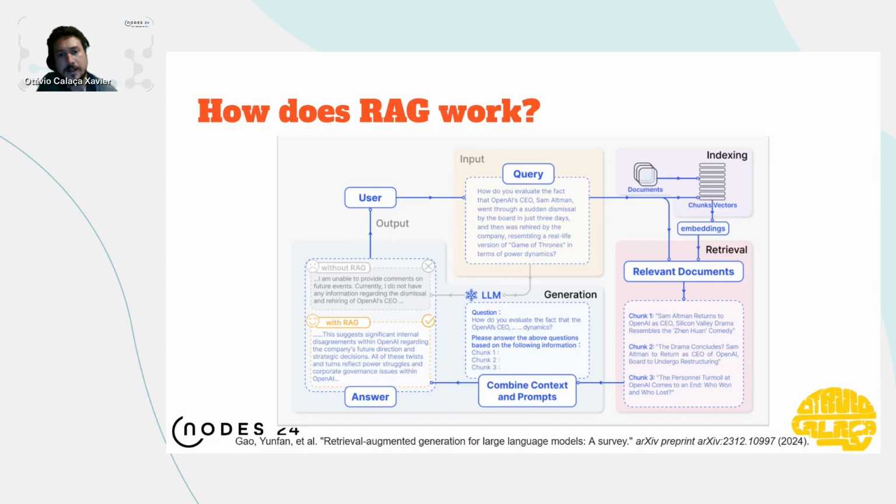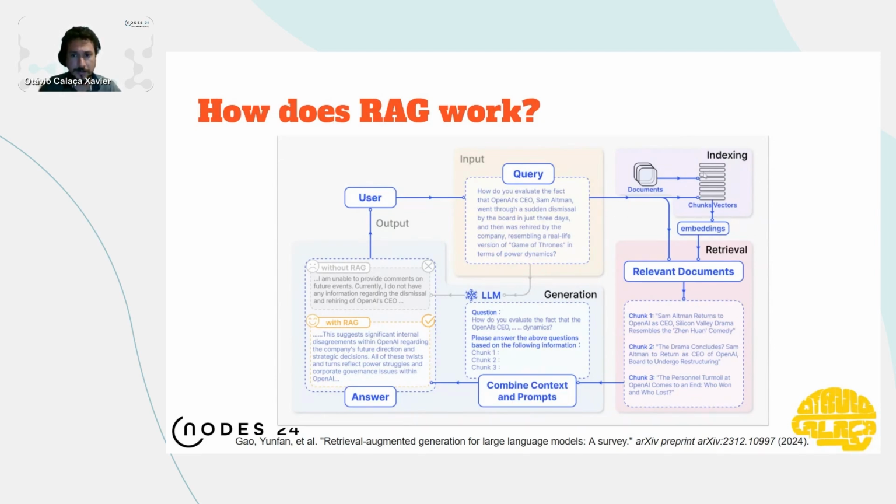This is a really famous diagram that explains RAG, so I will quickly explain it. Basically, we first have the user querying something, so having a question. Before this question is placed on the LLM, we first get some documents that are somehow related to the query.